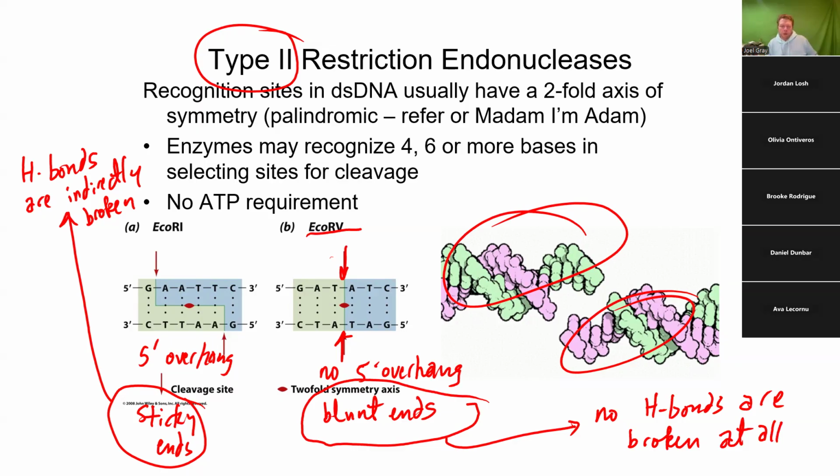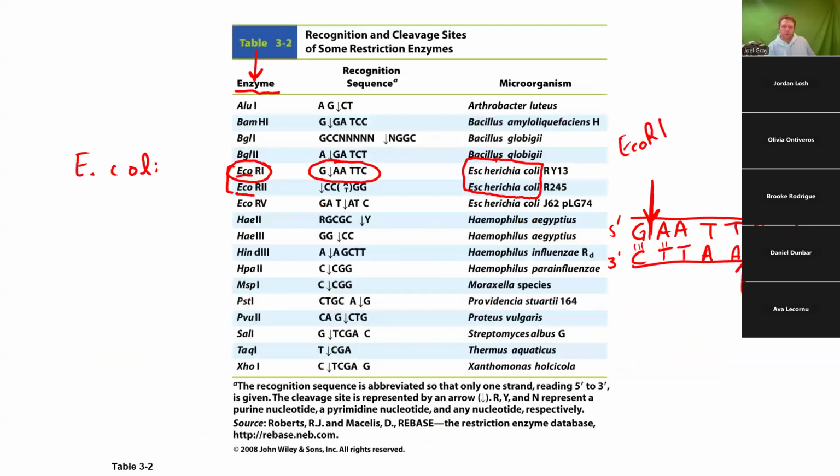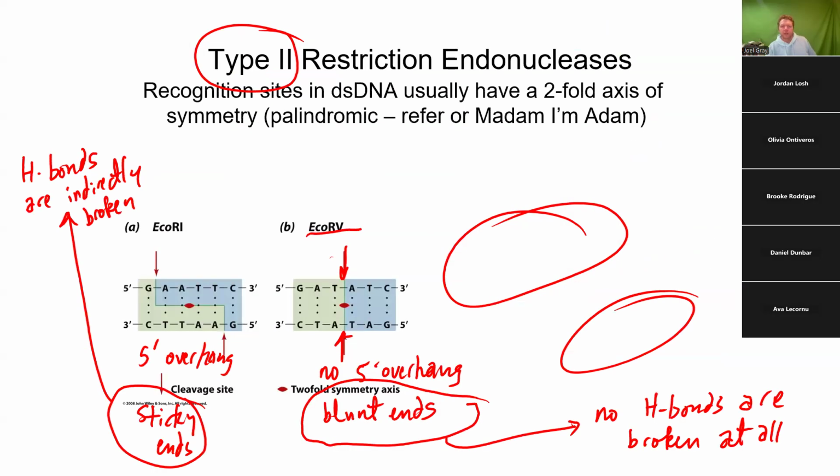Okay. If we go back to this, I'm not interested in you knowing all of these sequences and all these recognition patterns. That's not the point. What is the point is to recognize that these recognition sequences are typically going to be palindromic.